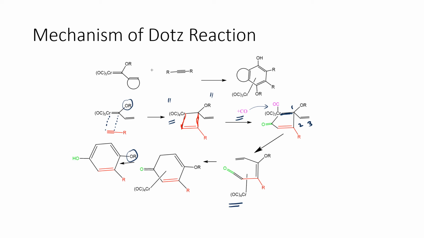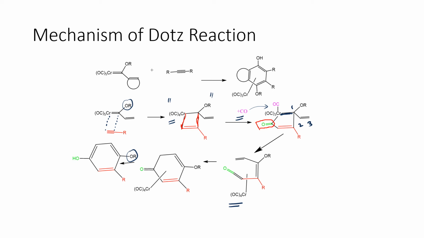You have a four-membered ring and carbon monoxides present on the chromium. So you can imagine a ring expansion reaction in which carbon monoxide is inserted. So this carbon monoxide has been inserted in the strained four-membered ring, a fairly straightforward migratory insertion of this vinylic carbon attached to chromium to an adjacent carbon monoxide group.